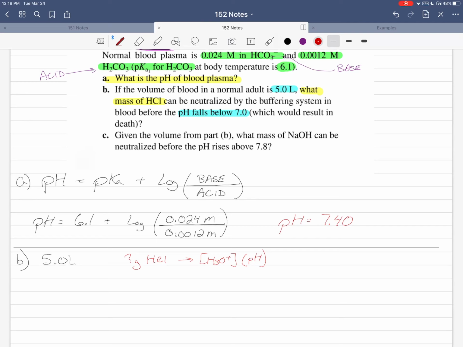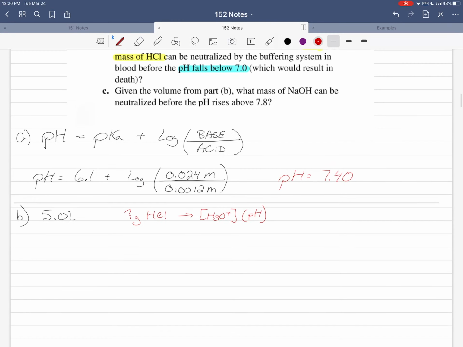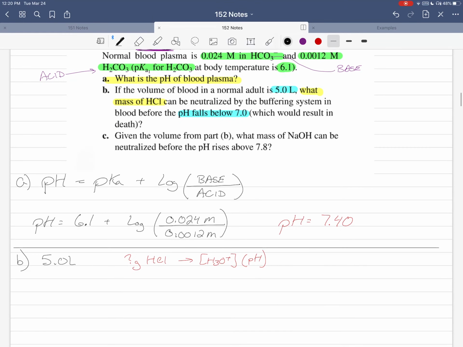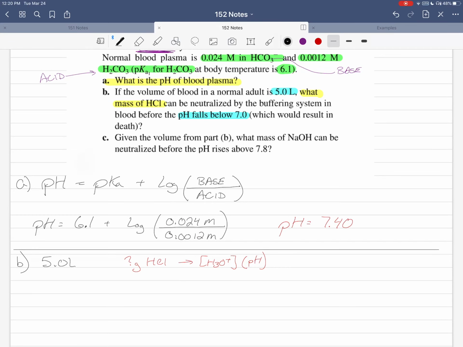Because we want grams, we can't just use concentration. I'll need the concentration involved in this. So what I'm going to do is take my 5 liters and use both my concentrations to figure out how many moles of each, carbonic acid and bicarbonate, I have.